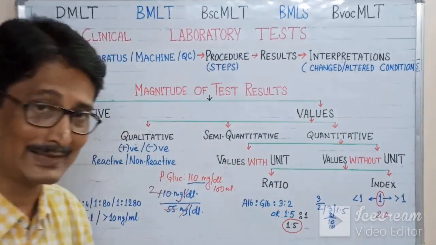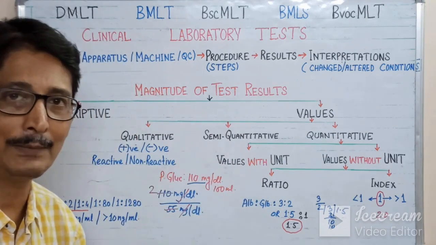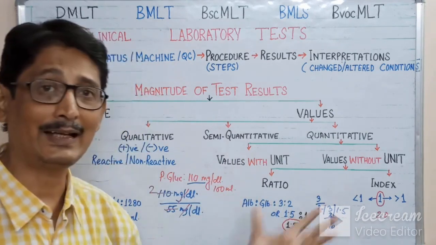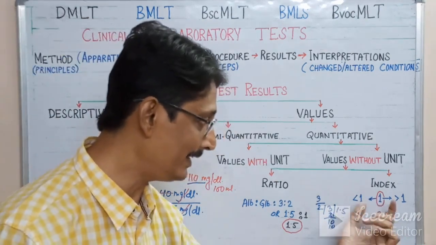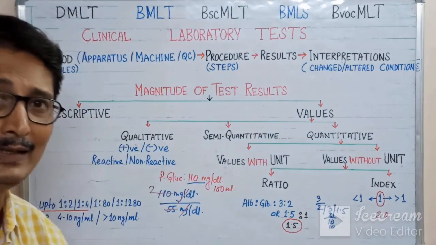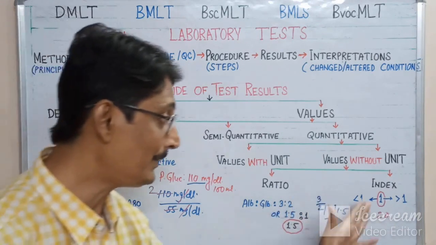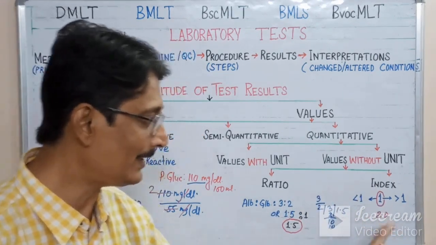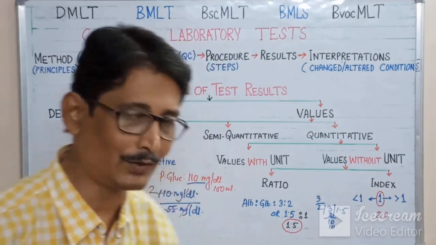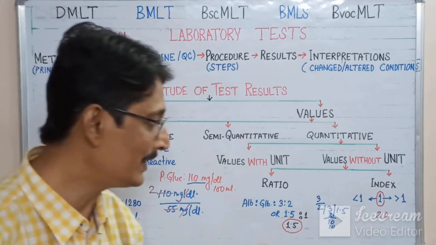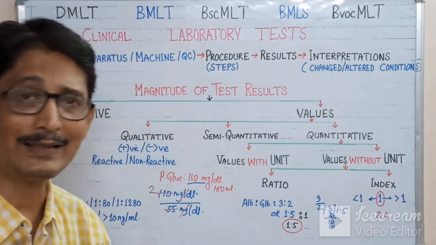Now what message is it conveying? That your plasma glucose level is greater than the normal level. If any index value is less than 1, it means that it is less than the normal value. If a number, whatever the result, is greater than 1, it means your value is higher than the normal.